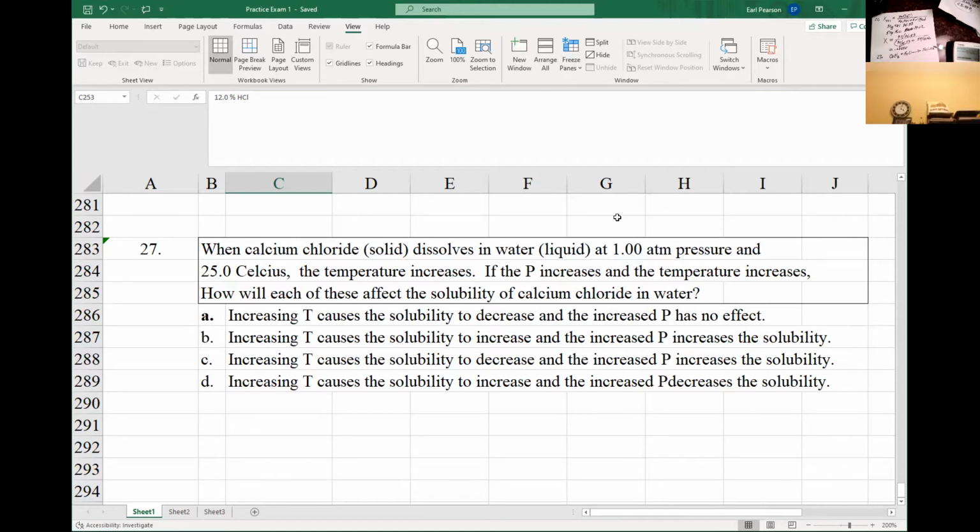Okay, let's do it down here. What we want to know is the effect of temperature and pressure. CaCl2 and H2O forms a solution. And it gave off heat, it got hotter, so heat is a product.